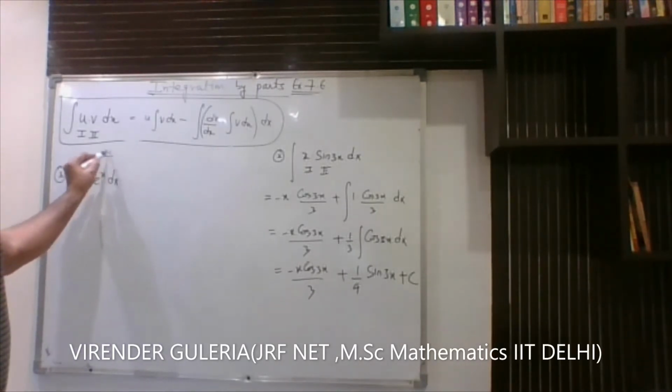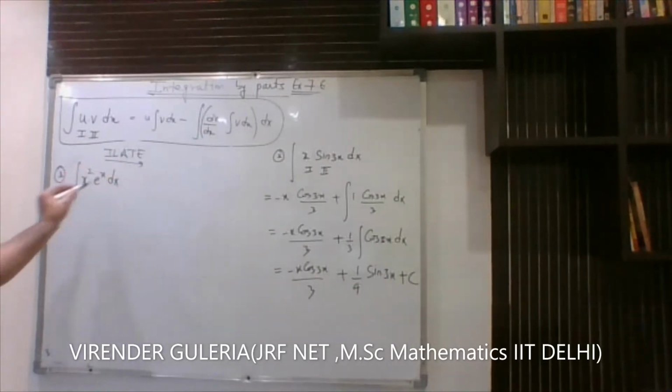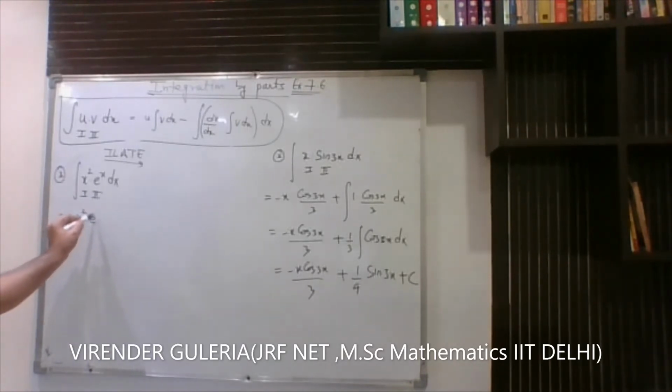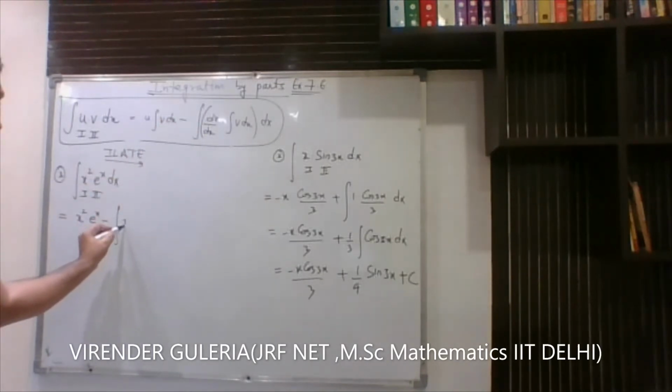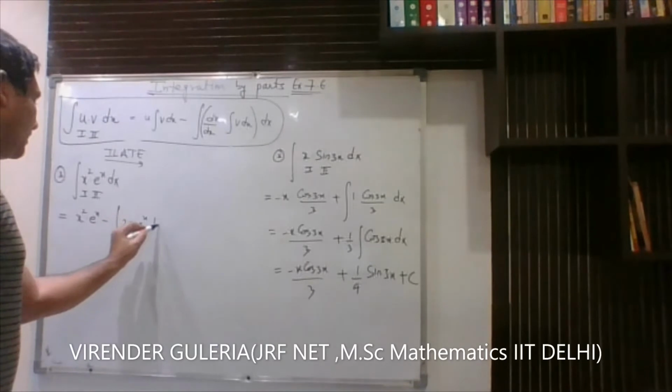So as per ILATE, we have to take this as the first function and exponential as the second function. So let us apply integration by parts. You will write the first function as it is. Integration of e^x is simply e^x. Derivative of x square will be 2x. Then integration of e^x will be e^x dx.